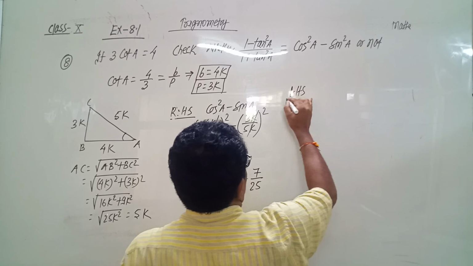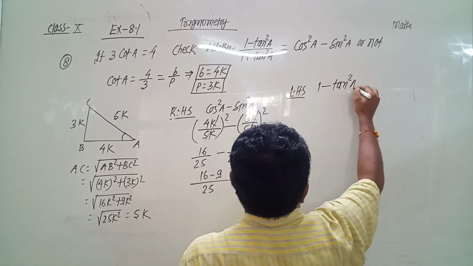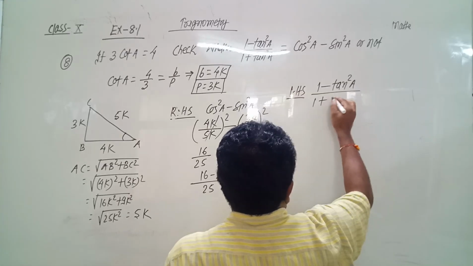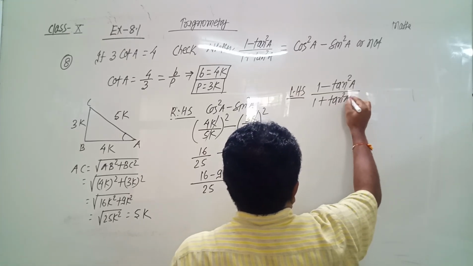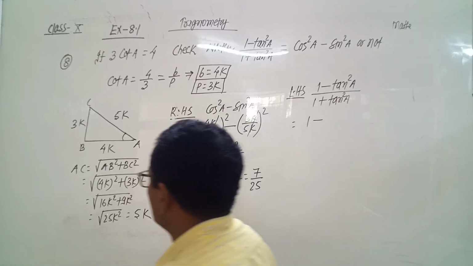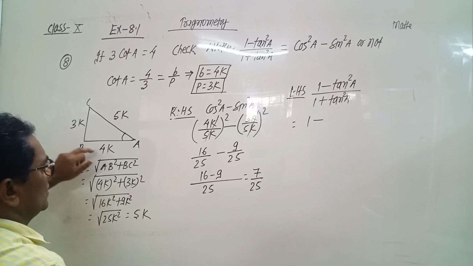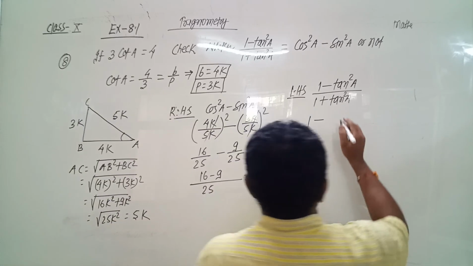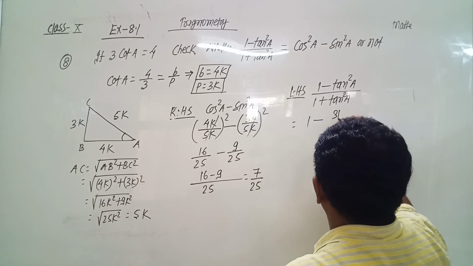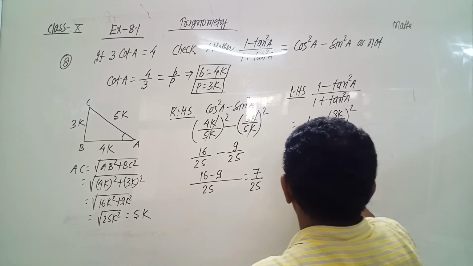So LHS is 1 minus tan square A upon 1 plus tan square A. Tan equals perpendicular upon base, means 3k upon 4k, the whole square.